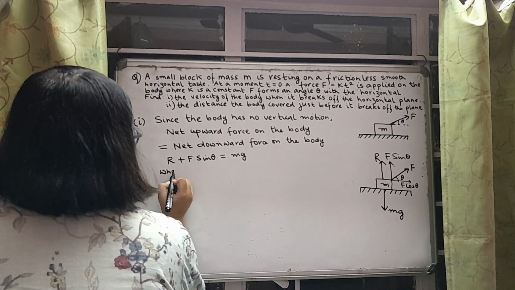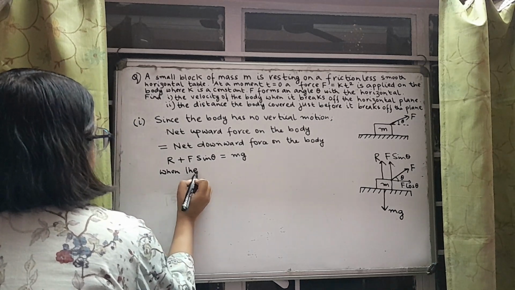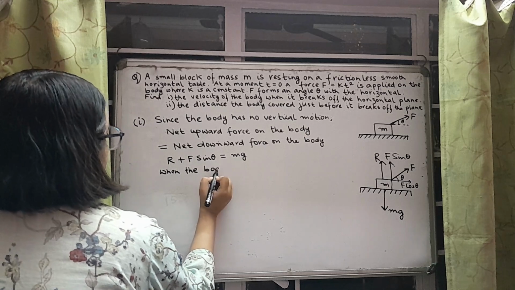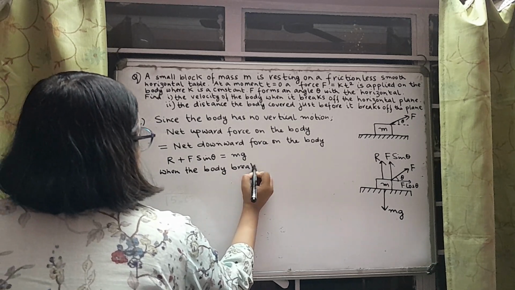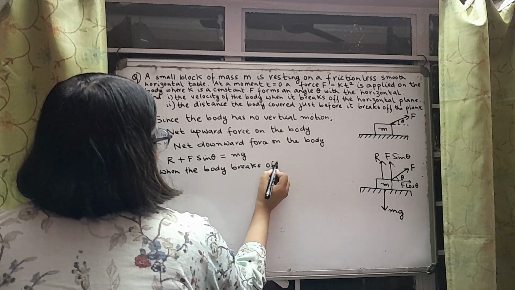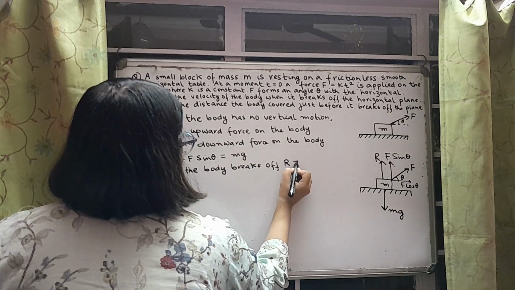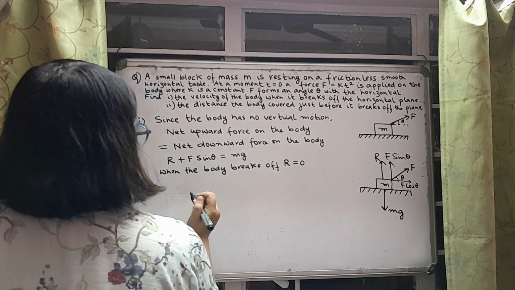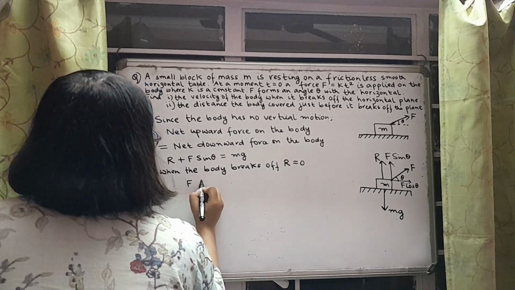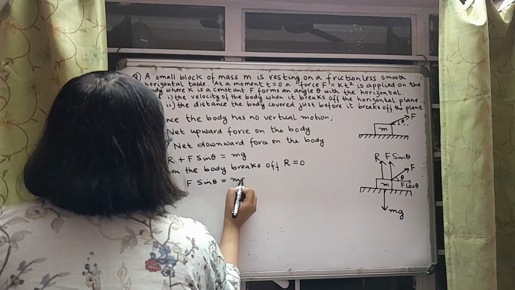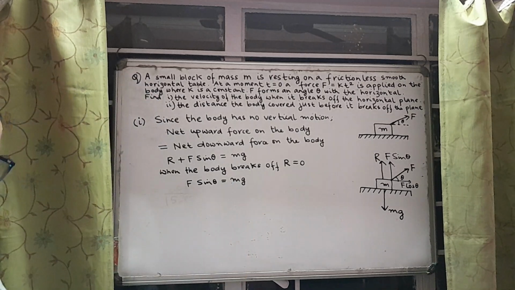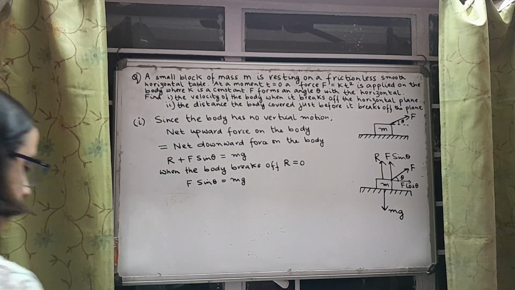When the body breaks off, R goes to 0. So at that time, F sin theta is equal to mg.